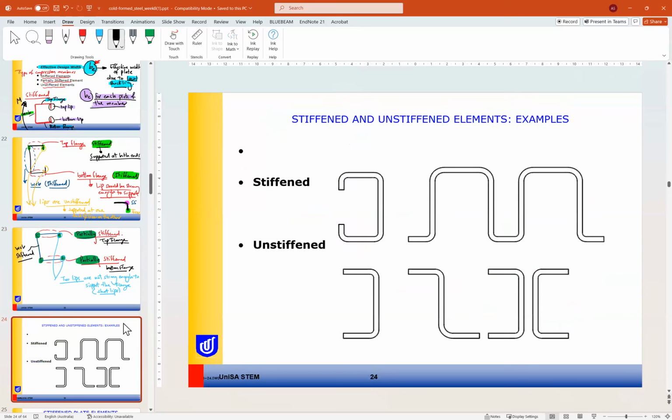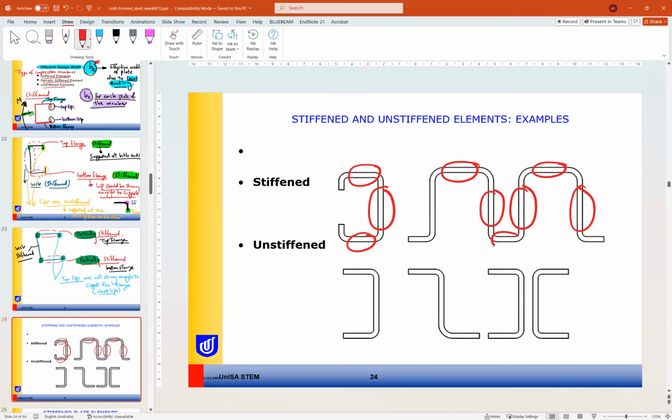So let's have a look here quickly at the types of member. If we look here, our top flanges are stiffened, the web is stiffened. Here, stiffened flange, stiffened flange, stiffened web, stiffened web, stiffened web, stiffened bottom flange, stiffened web.